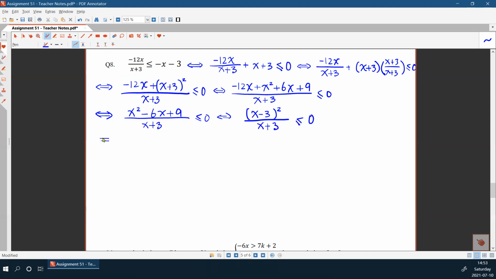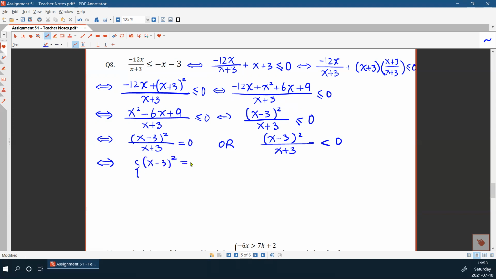Okay, so this is equivalent to, first of all, the ratio here can be 0, or it can also be smaller than 0. Right? And this is equivalent to, first of all, the numerator must be 0 and the denominator cannot be 0, right?